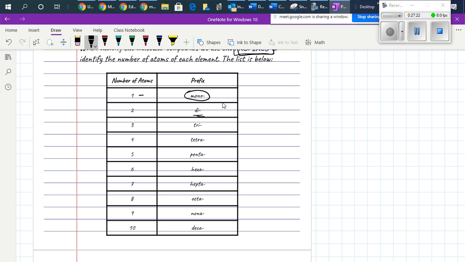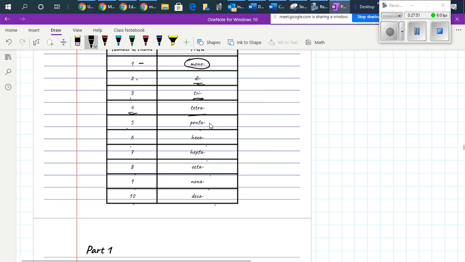If it is di, it means 2. If it has 3 atoms, then we say tri. If it is 4, then we say tetra. 5, penta. 6, hexa. 7, hepta. 8, octa. 9, nona. 10, deca.